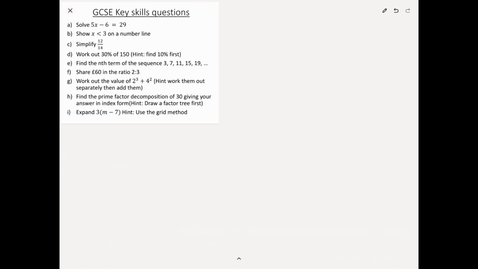Question G. Work out the value of 2 to the power of 3 plus 4 to the power of 2, or 2 cubed and 4 squared. And our hint tells us there then work them out separately and then add them.